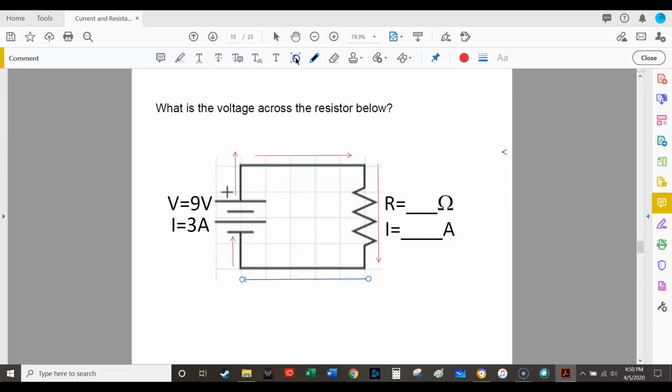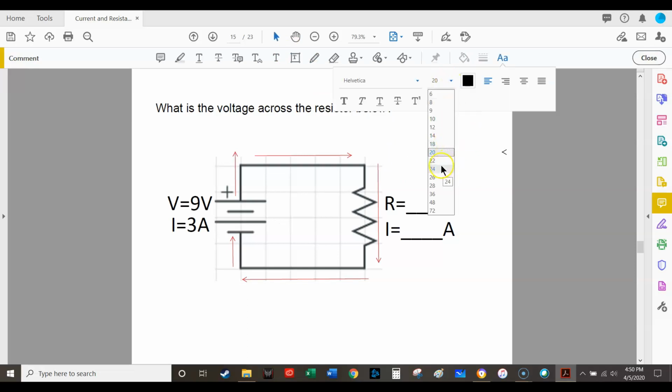I'm going to use the text box and draw that. So we know that the voltage that the resistor is going to be using is going to be consuming 9 volts.